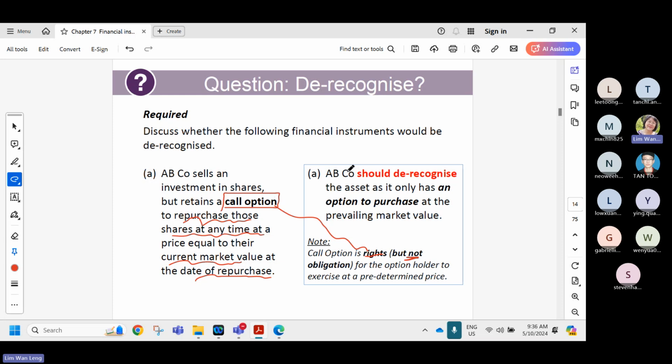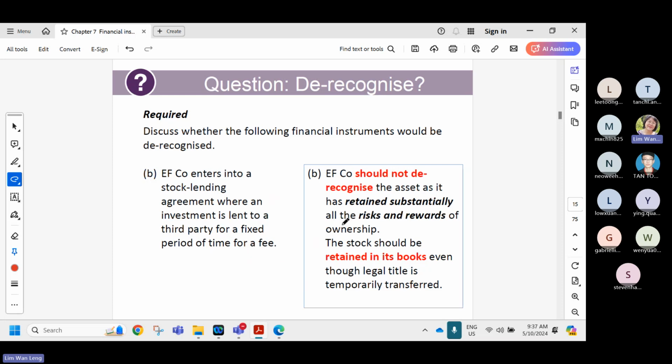So AB should derecognize the asset as it is only an option to purchase at the prevailing market value. They just tell you that if you want to buy back, you can. If you don't want to buy back, it doesn't matter, because it is just a right, not an obligation to buy back. Let's look at the next illustration.